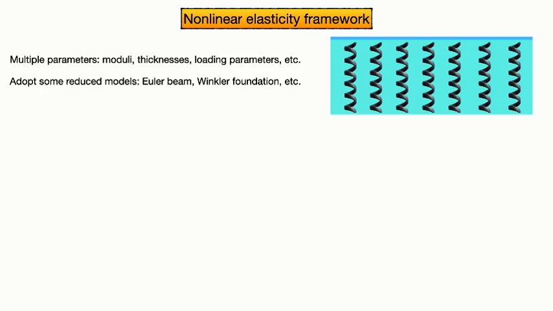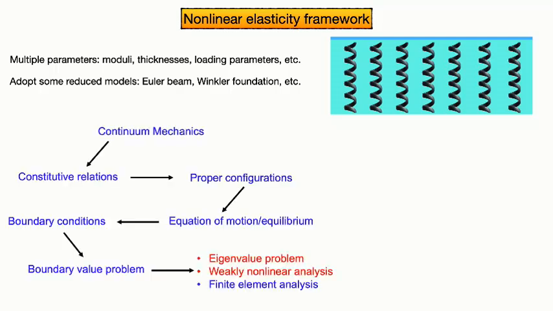It means that you only consider normal force and neglect the shear force. But these methods are very effective sometimes, but sometimes they will generate errors because they are not self-consistent mathematically. To do it in a mathematically consistent way, we can start with continuum mechanics.